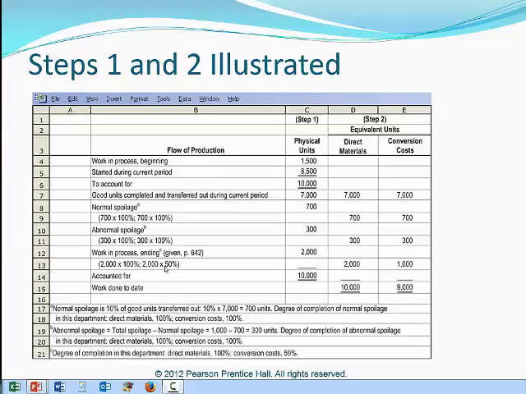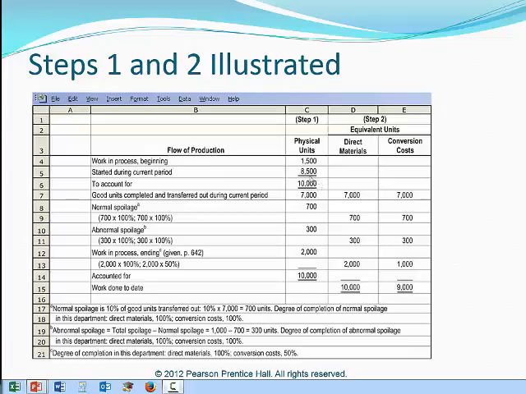So the 2,000 units that are remaining in work in process will have been given 100% of their direct materials as well. So 2,000 times 100% equals 2,000 as to direct materials. We were told that those 2,000 units were only halfway complete. Therefore, their equivalent units in regards to conversion cost is 2,000 times 0.5, which gives us 1,000.